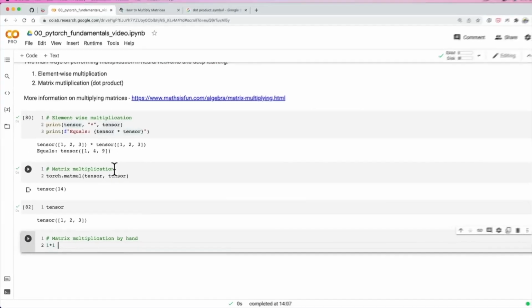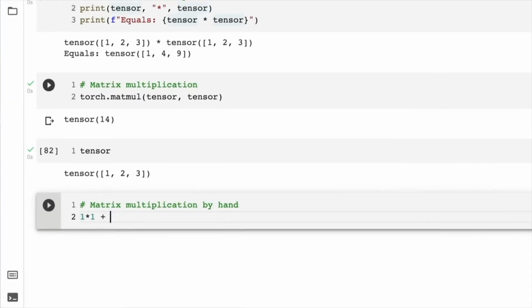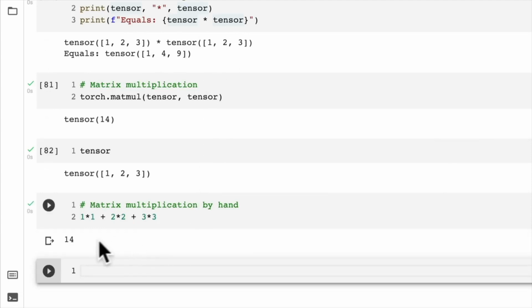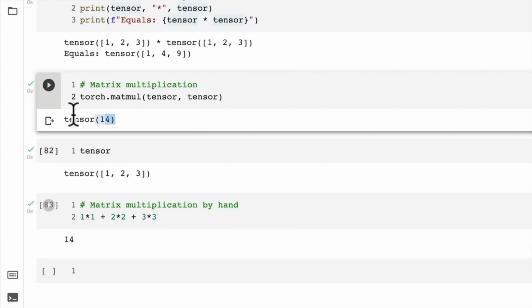And then we'd have plus 2 times 2, what does that give us? Plus 3 times 3. What does it give us? That gives us 14. So that's how we got to that number there.